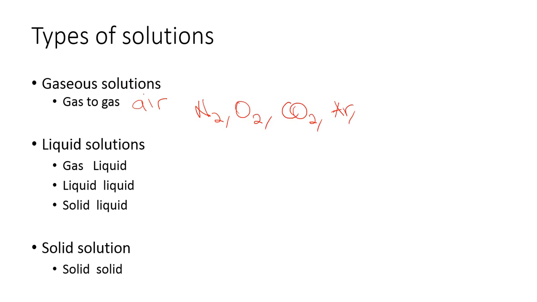Then we have liquid solutions. So we have three types of them. We have gas to liquid solution. So most of the carbonated drinks are an example of this solution. Then we have liquid to liquid.